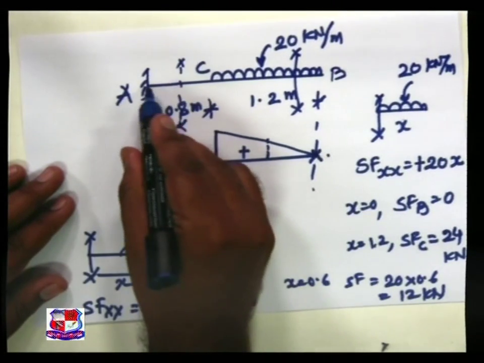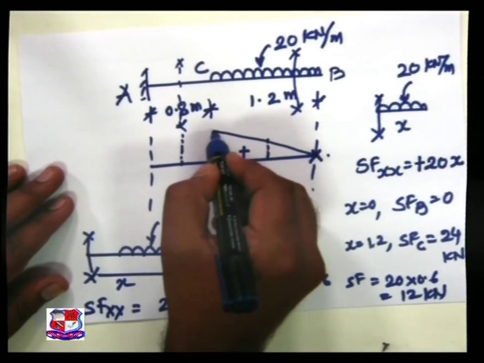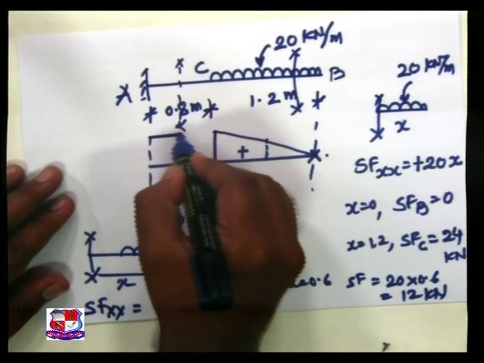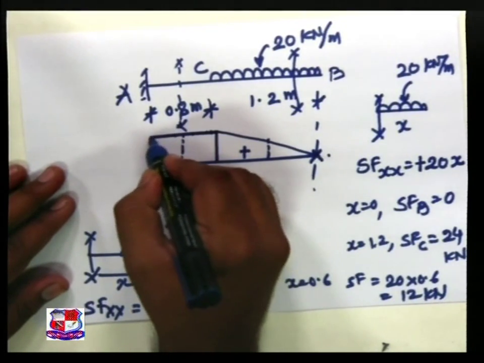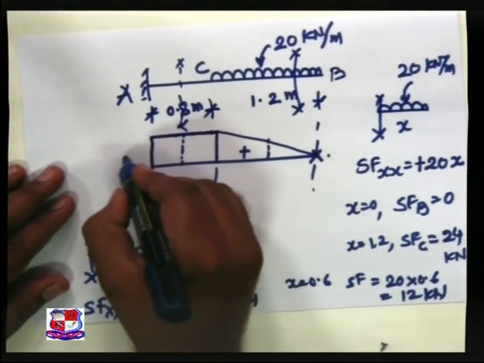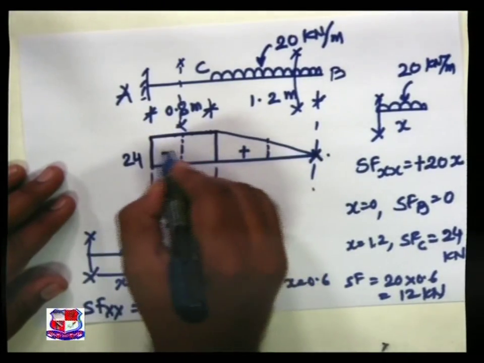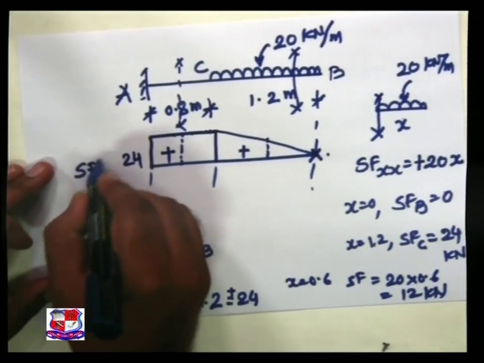So at all these points the shear force is 24 throughout. Joining all these points, we get a horizontal straight line. This is my shear force diagram.